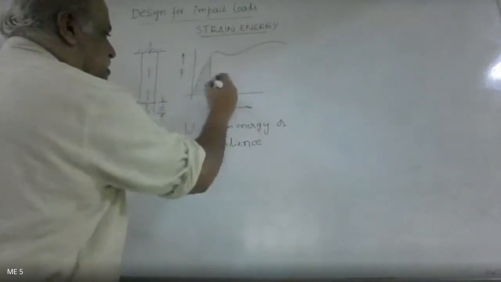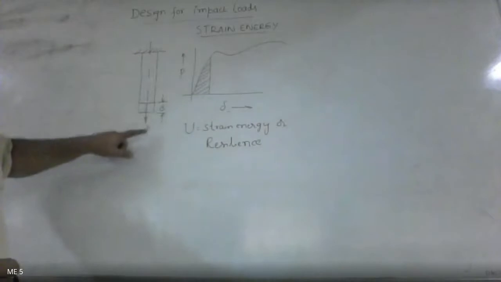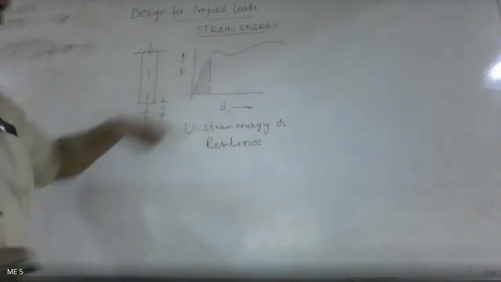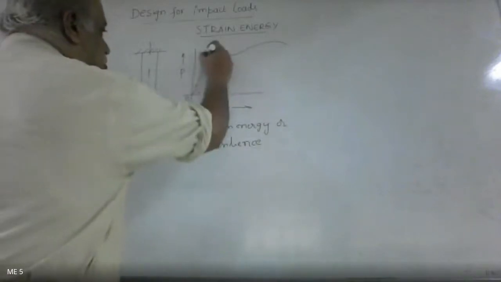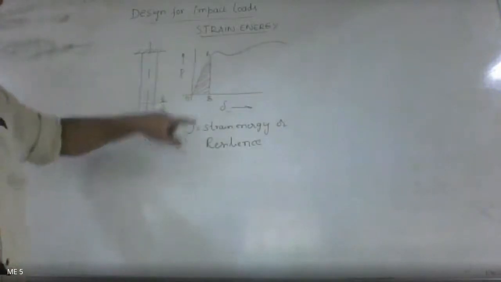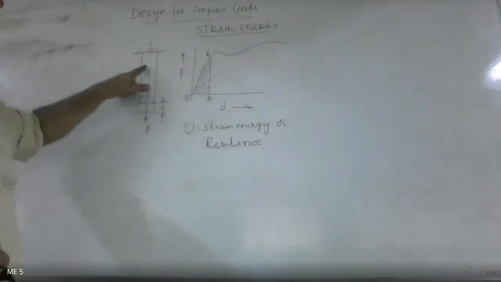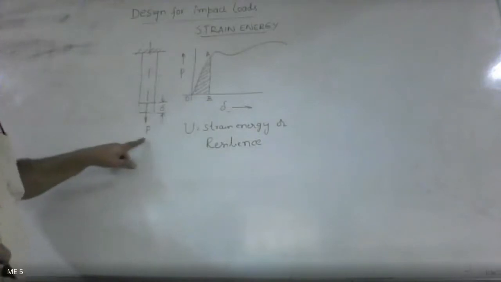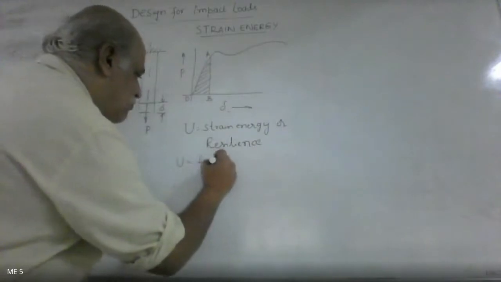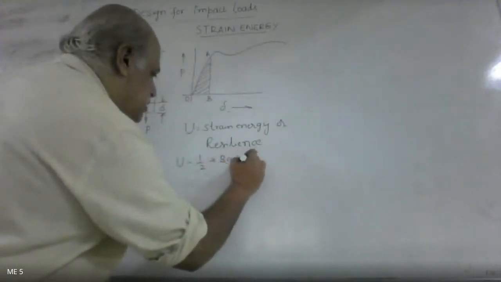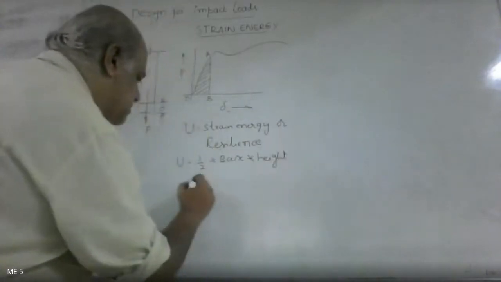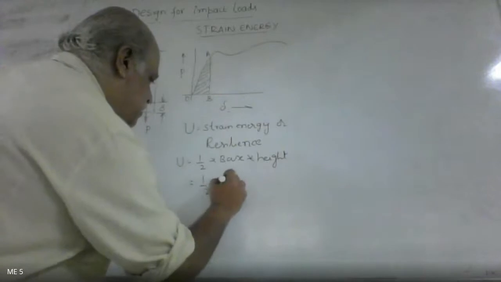The strain energy absorbed by this member because of the applied load is given by the area under the triangle, say OAB. So U is equal to half base into height, the area of the triangle, which is half P into delta.